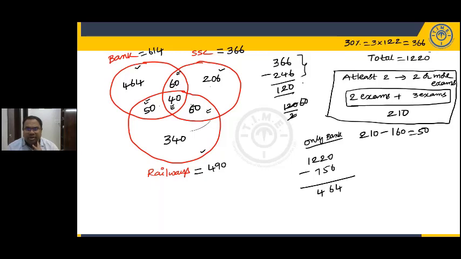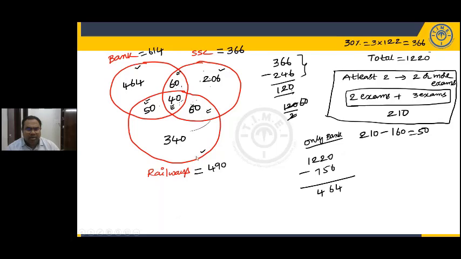Okay. See, SSC is 366. That means sum of these 4 regions. Already we know these two: 206 plus 40 is 246. Subtract 246, 120. The sum of these two. These two are equal, so by 2, I get 60.